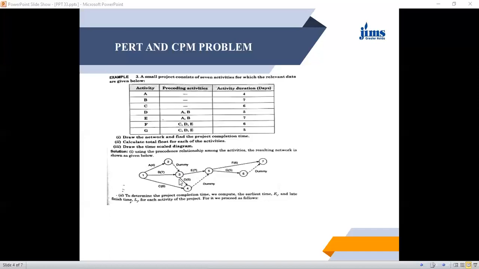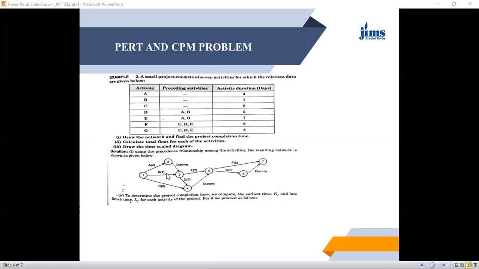So now this activity will have both the predecessors A and B. You can see here, this activity can be started only when both these activities are completed. So by using this dummy activity, we are able to meet the condition that activity D has 2 independent activities A and B as predecessors.